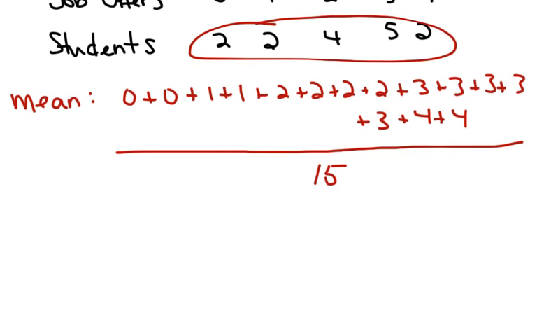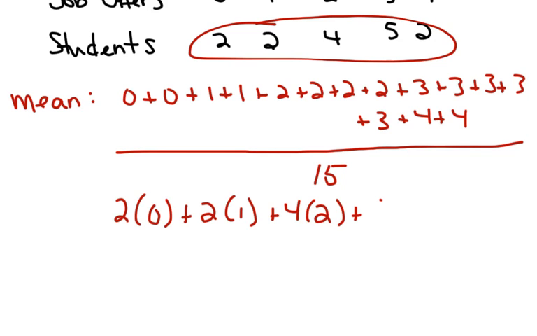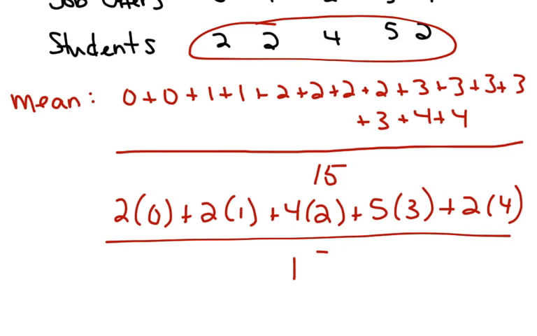The way the book does this instead is they say that there were 2 students with 0 job offers, 2 students with 1 job offer, 4 students with 2 job offers, 5 students with 3 job offers, and 2 students with 4 job offers, and then divided by 15. But either way that you do it, be careful about what they're asking you to find.